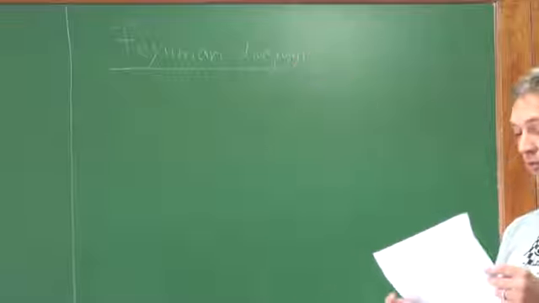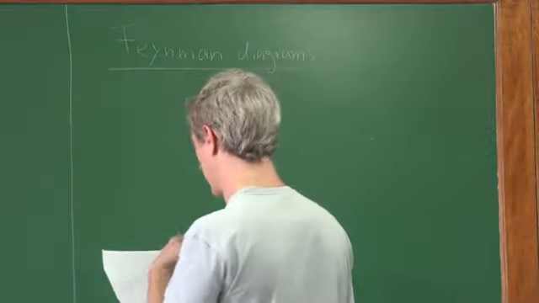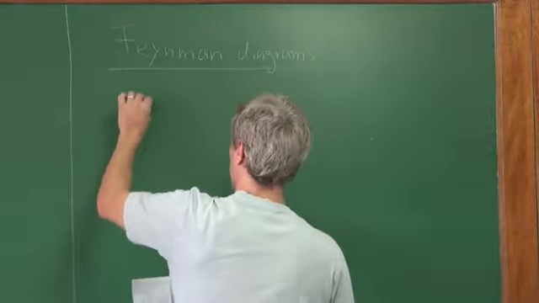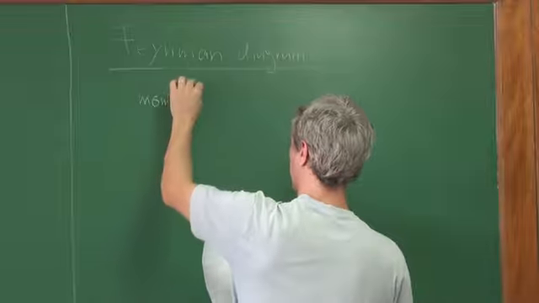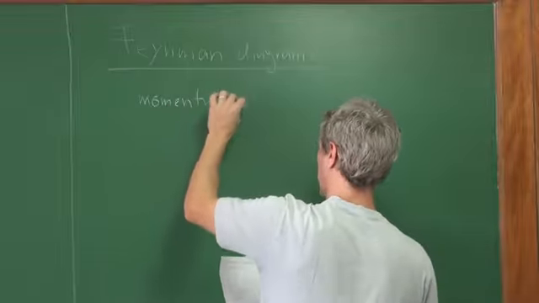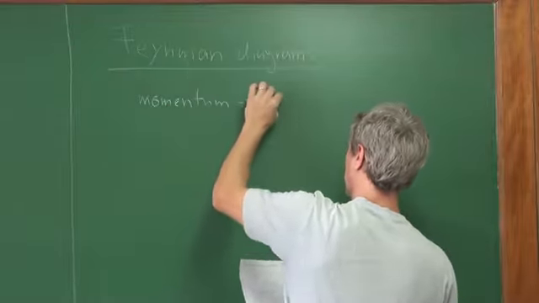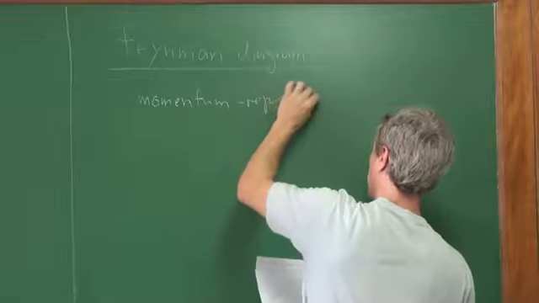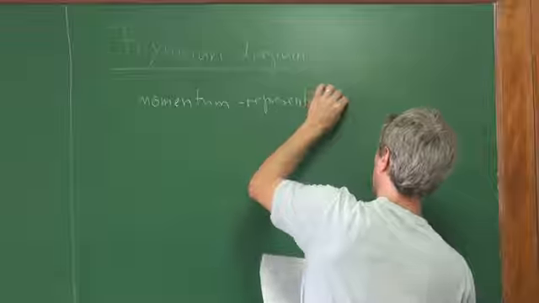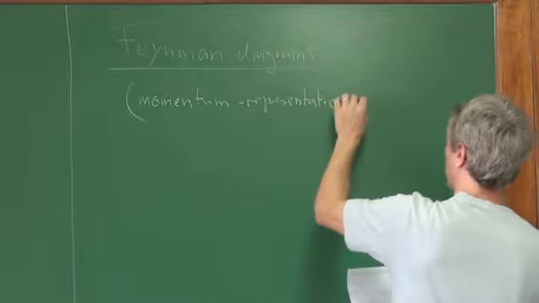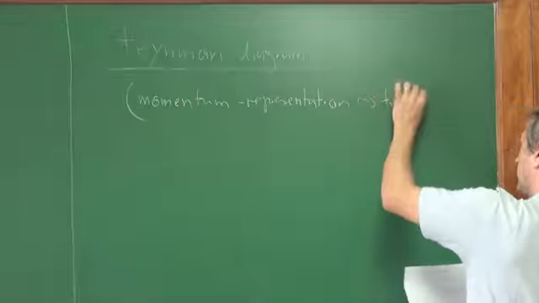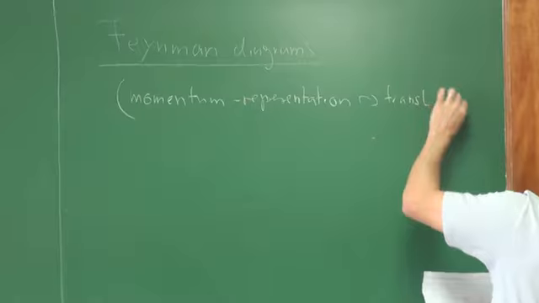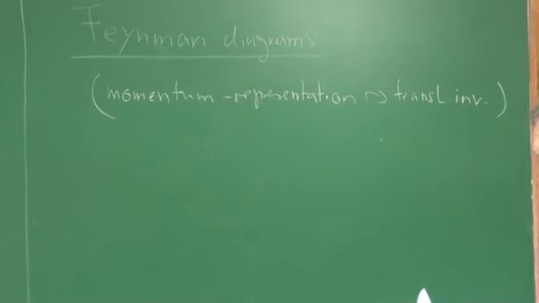So let me just do the review now in momentum representation, which we will then also typically use for the calculations. This is because we are typically considering systems with translational invariance, so it's better to go into momentum representation.